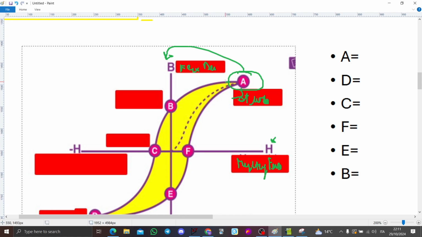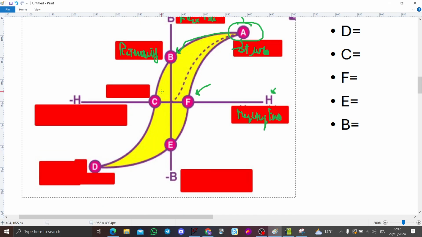Then you go here to B. B is called the retentivity. You can find these names online, by the way. And they forgot to put the red box on F, but B and E are the same.